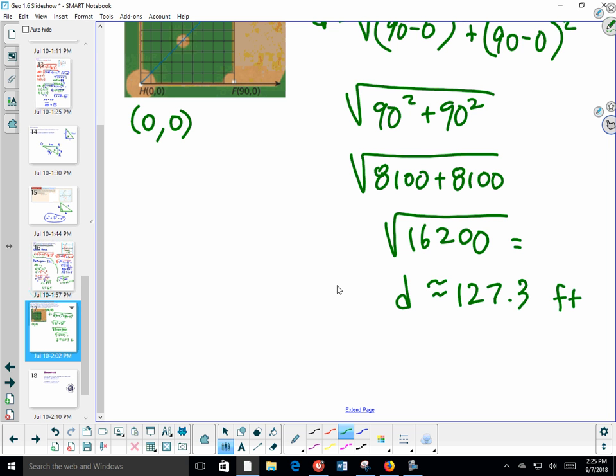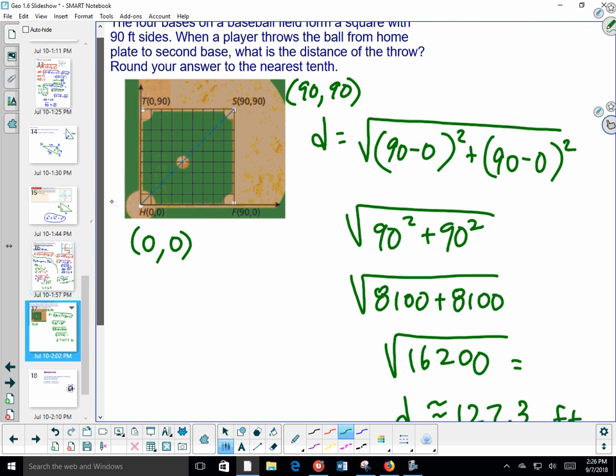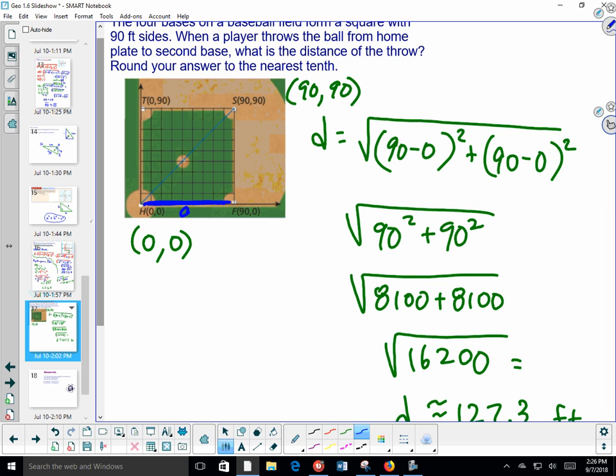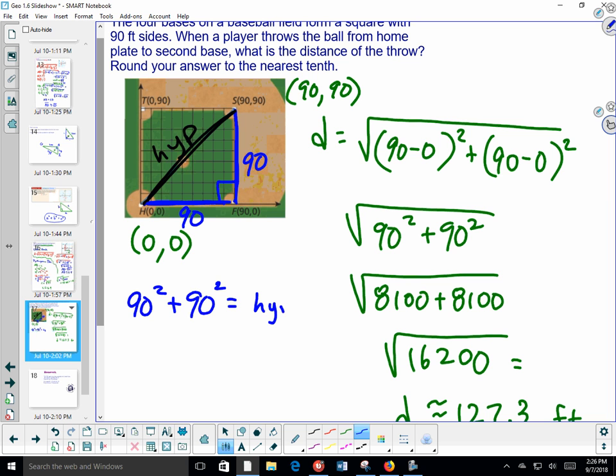Did anybody use the Pythagorean theorem instead? Maya, tell me what you did. So I did 90 squared plus 90 squared. So this length here is 90, and this length here is 90, and this is a right angle, and you're trying to find this hypotenuse here. So 90 squared plus 90 squared equals the hypotenuse squared.